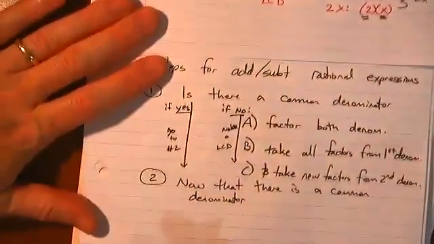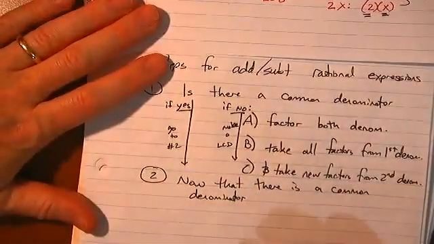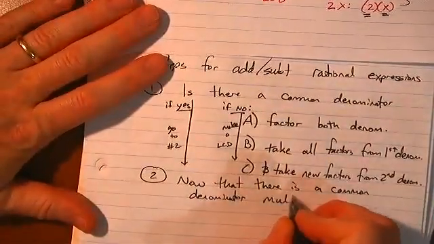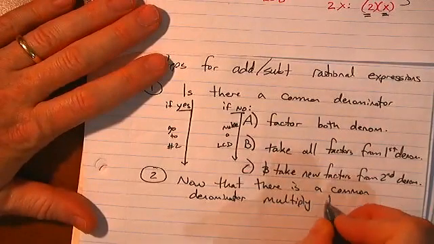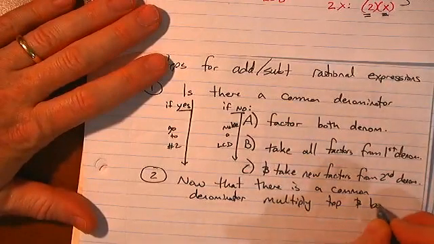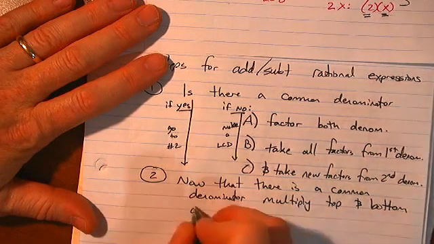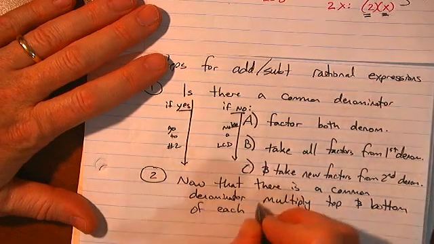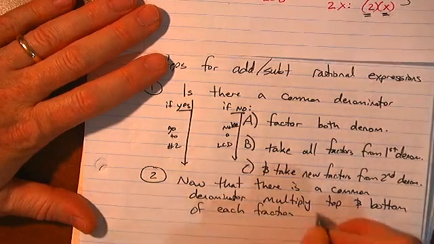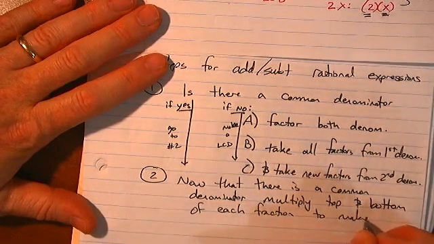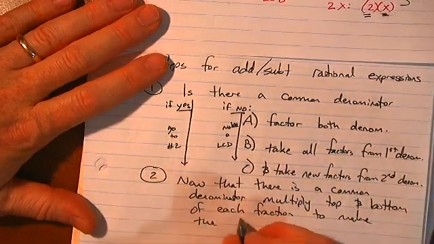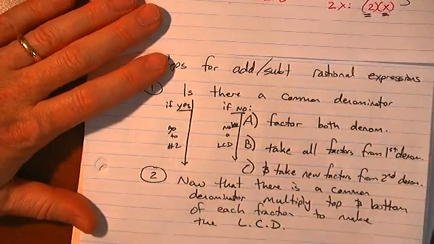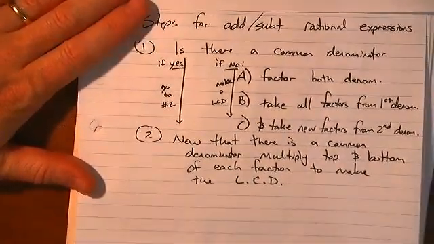All right, but that's what we're going to do once we've got that common denominator, is multiply the top and the bottom of each fraction to make the common denominators, lowest common denominator. That was what we did next.